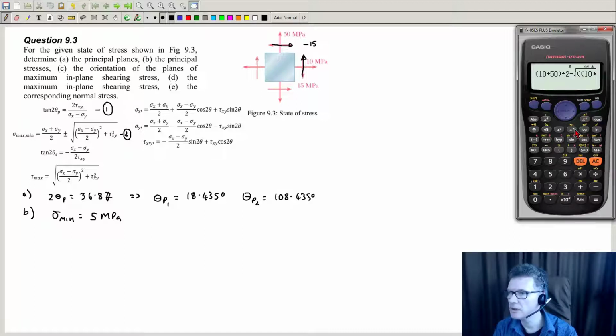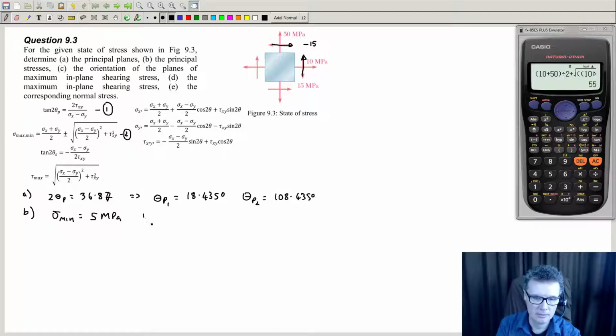Where's delete? And replace that with a plus. 55 megapascals. So that's part B.